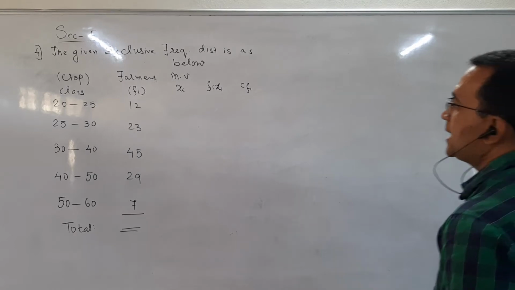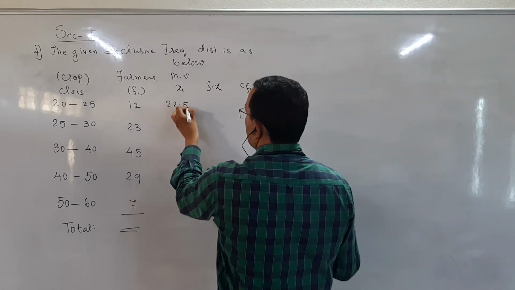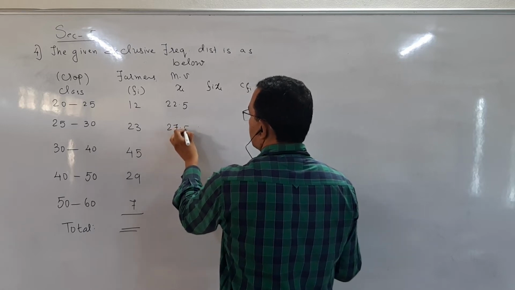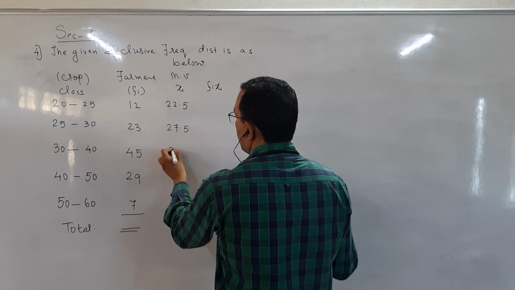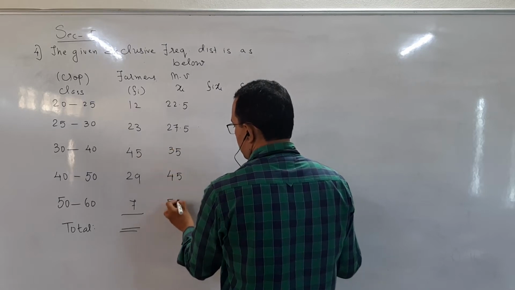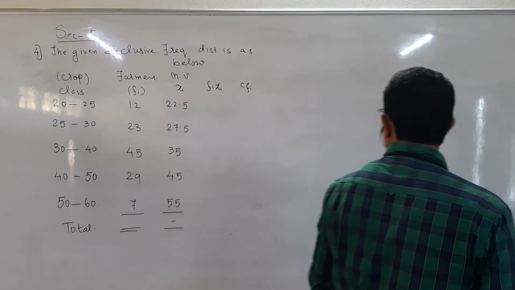Now 20 plus 25, 45 by 2, so 22.5. 55 by 2, so 27.5. 70 by 2, so 35. 90 by 2, so 45. And this is 55.